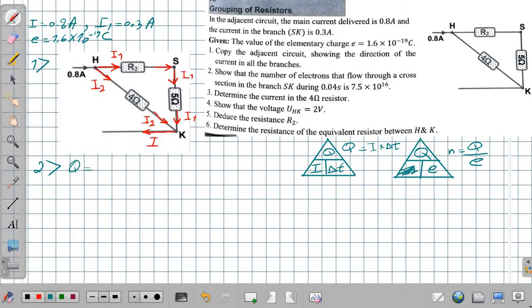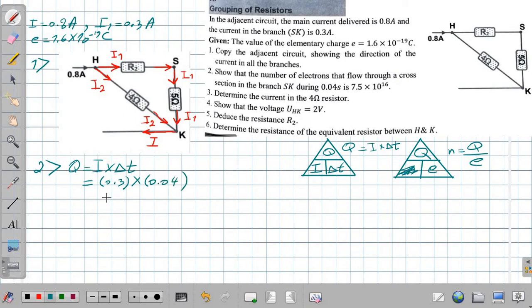Let's try to find the quantity of charge first. Q is equal I times delta T. The current here is 0.3, the unit is ampere, which is SI unit, times the time, 0.04 seconds, which is also an SI unit.